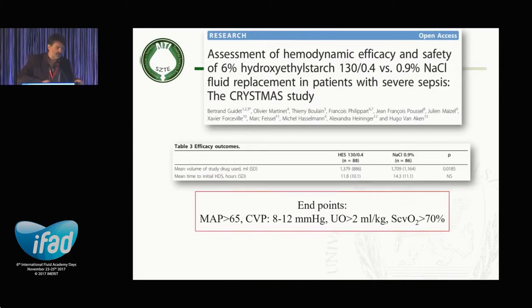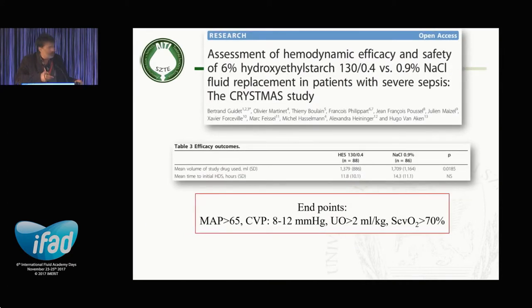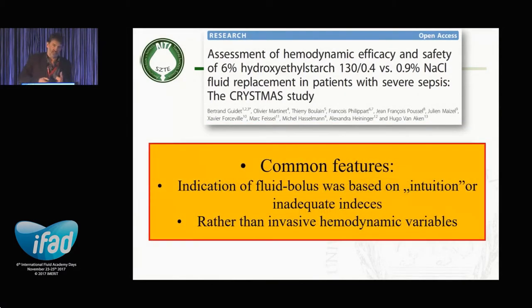In the CRISTAL study, they included urine output and ScvO2, but again, when you look at the results, the patients in the saline group received only 20% more fluid than patients in the colloid group. So the common feature of these studies is that the indication of fluid bolus was based either on gut feeling, intuition, or absolutely inadequate hemodynamic indices, rather than invasive hemodynamic variables.